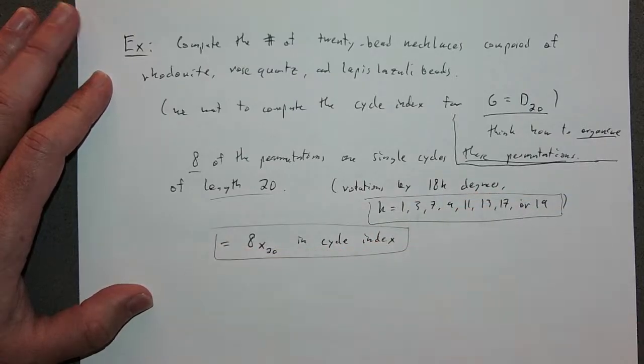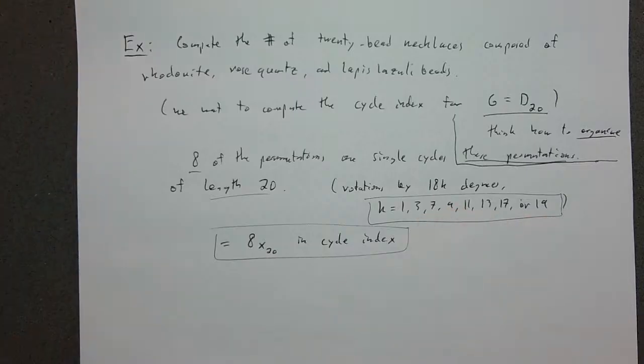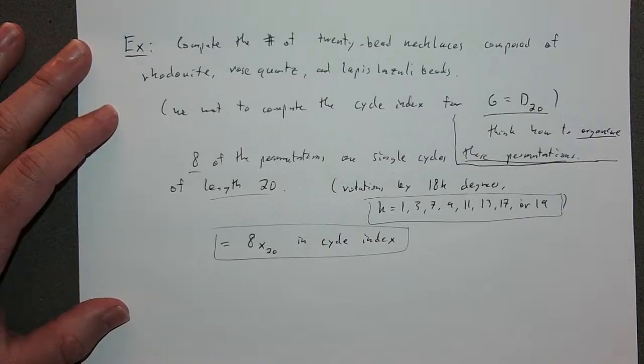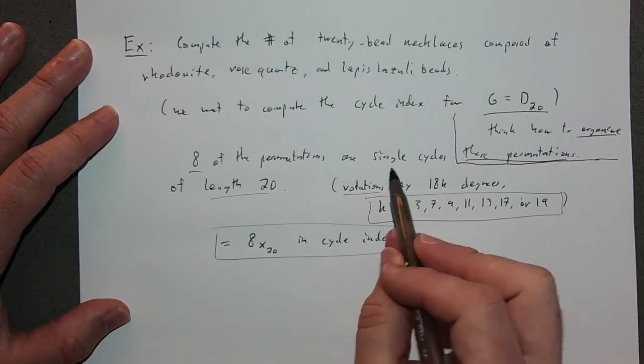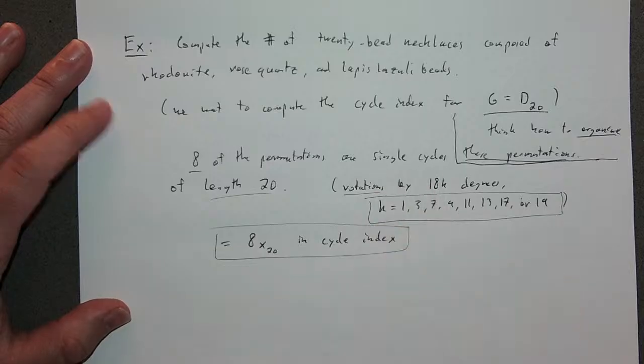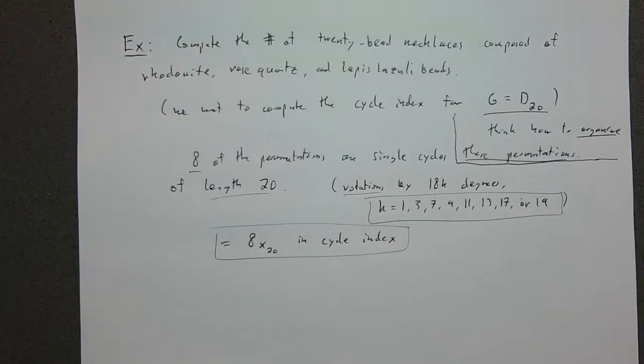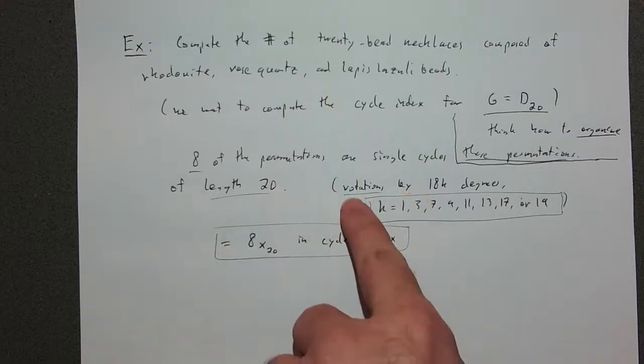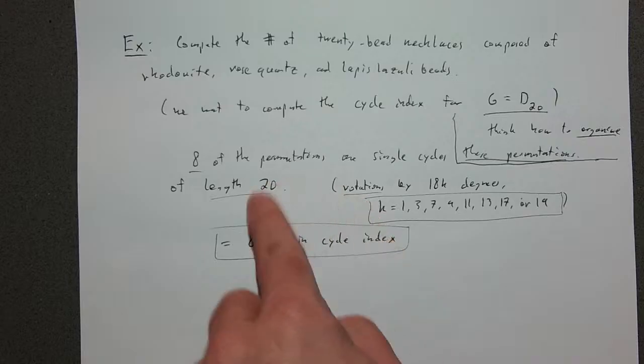You can think about how you would determine that there are 8 such things and what causes a rotation to not be writable as a single cycle. Think about this in just the case of 4 vertices is maybe the easiest way to start. So that's 8 rotations that satisfy that.